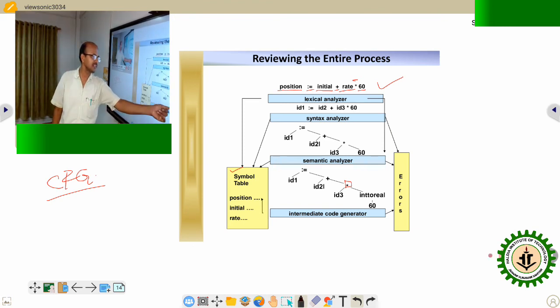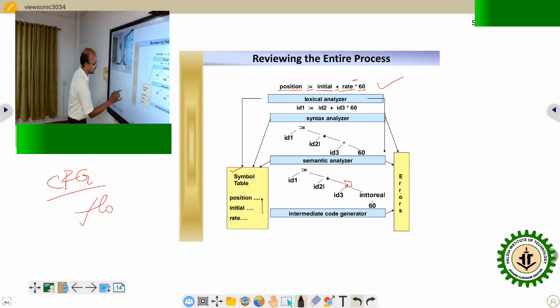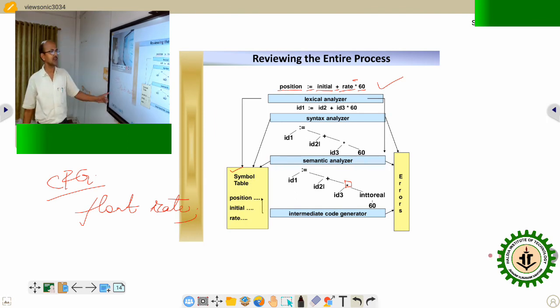The 60 has not been defined explicitly with a type, but somewhere else we have defined the identifier, maybe as float: float rate, meaning identifier 3 is defined as the real data type. So before multiplication, the constant value 60 is translated into the real type.